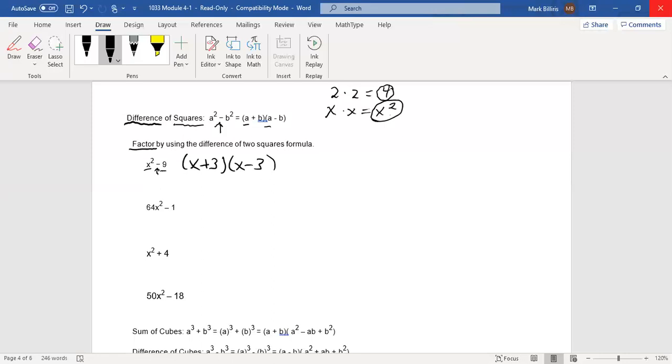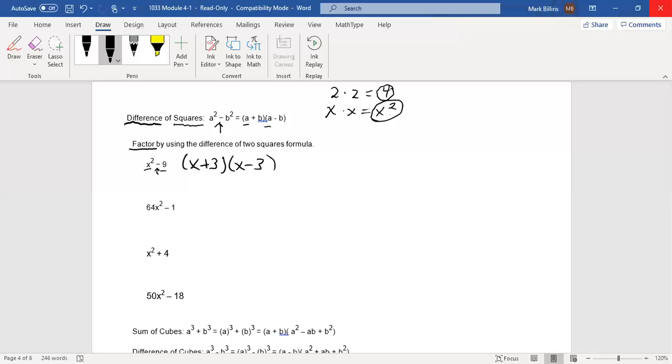So the next problem, 64x squared minus 1. What we're going to look for first is to see if anything divides evenly into 64x squared and minus 1. Nothing does. So now we see a subtraction problem. So that meets the criteria of being the difference. 64 is a perfect square as well as x squared.